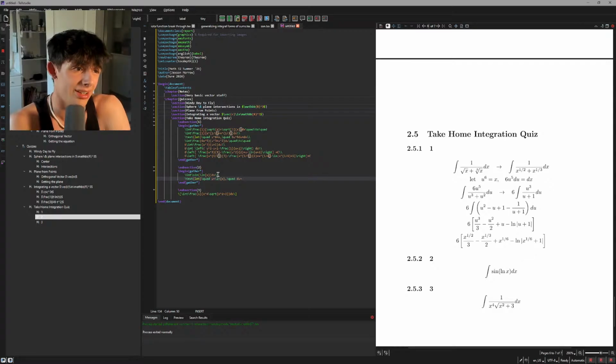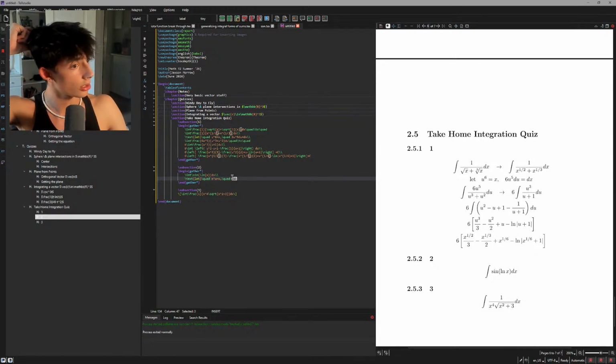Let u equal e to the x, or no, let e to the u equal x, where du, so e to the power of a function of x, that's just the derivative of the function.